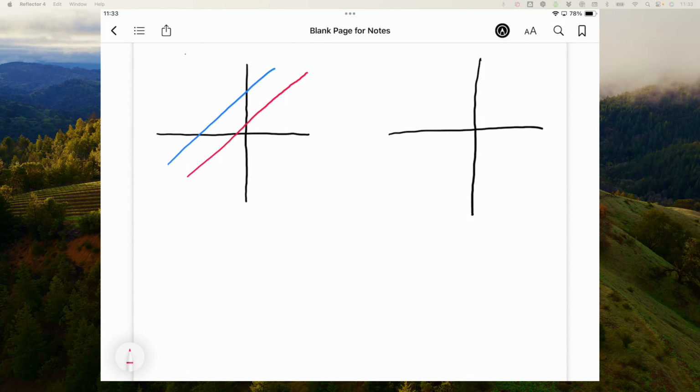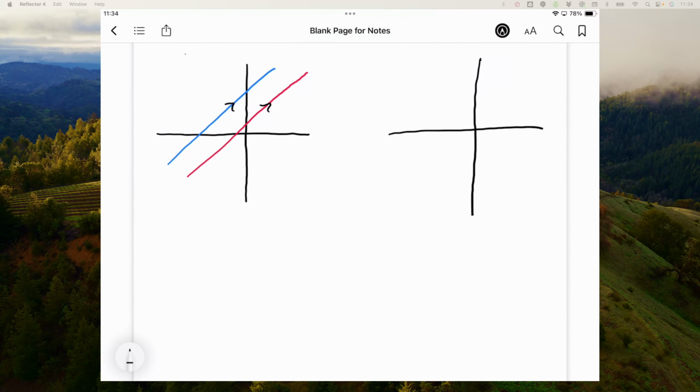Now, these two lines look like they are parallel, but if you remember from our lesson on vocabulary, I have to put marks like that on them to show that they are parallel. And so now these two lines, the blue line and the red line, we can say for sure are parallel.